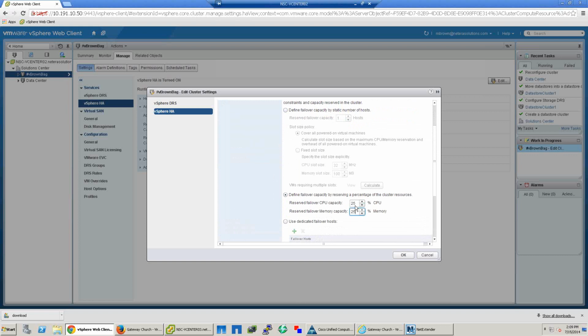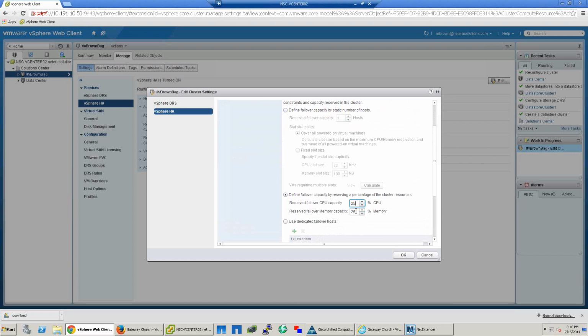Now, a real world case for understanding defined failover capacity is that you should size your ESXi hosts similarly within a cluster, right? A similar amount of CPU, a similar amount of memory especially, because memory is some of the first to be constrained. If you size them similarly, then the same amount can be reserved on each host versus having 25% of a huge host reserved and then 25% of a smaller host.